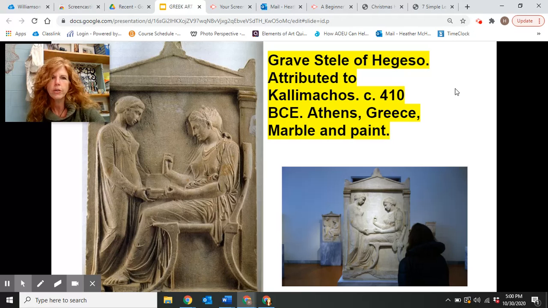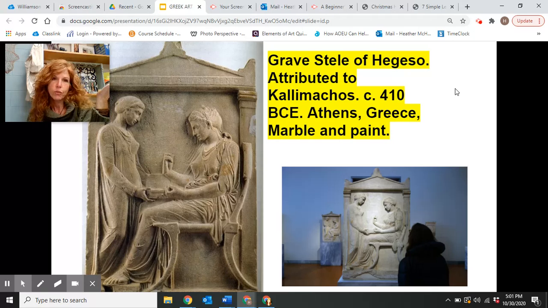So this is Hegeso. When you look at the curvature of her hand, this again was originally painted and holding in her little grasp right there would have been a necklace that she's taken out of this jewelry box that her maidservant is presenting to her. There's no necklace now because it was only painted on, and obviously this was 410 BCE.